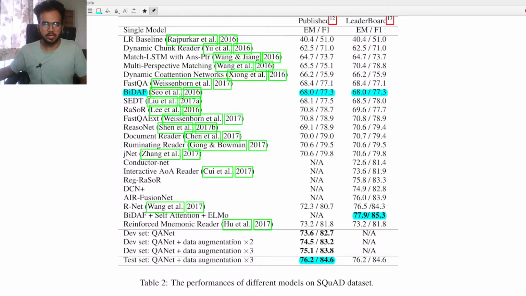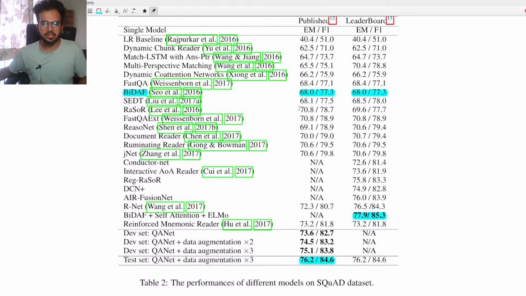But I think the representations they had used weren't ELMo, they were more basic word representation forms, and ELMo was just a new language model which had been introduced. Obviously, if we use better word representations, we would get better results. But they hadn't published it, it was just on the leaderboard.